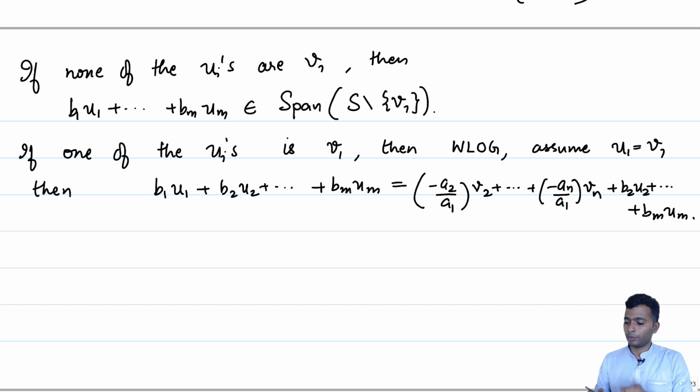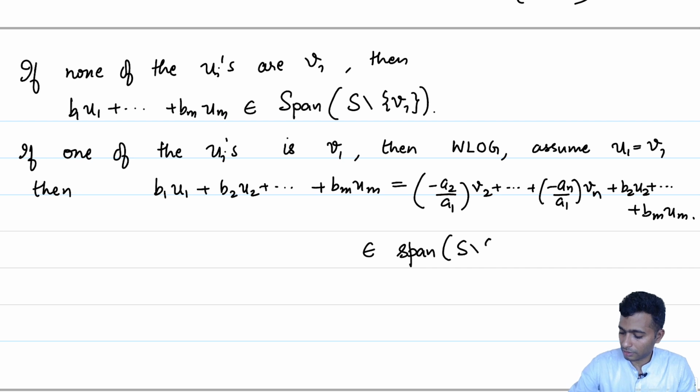Notice that u2, u3 up to um, v2, v3 up to vn are elements in S minus v1, and hence this is an element in the span of S minus v1.